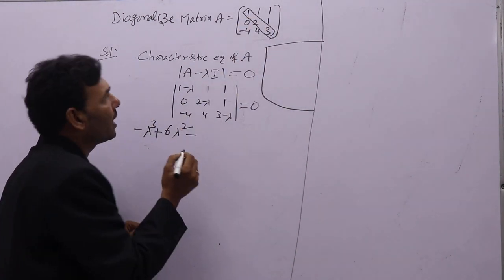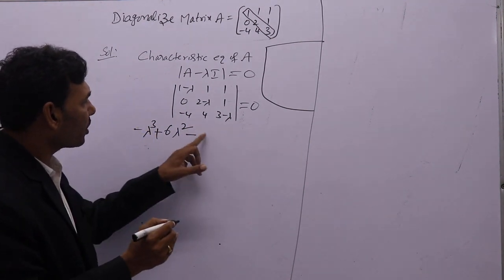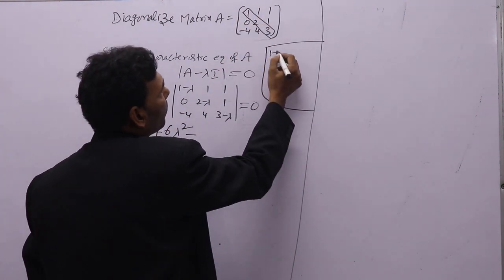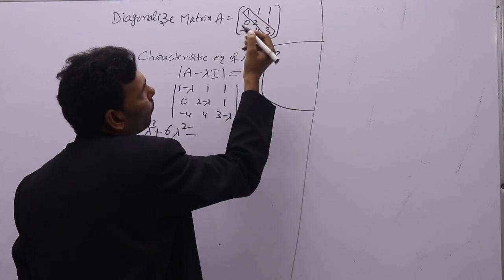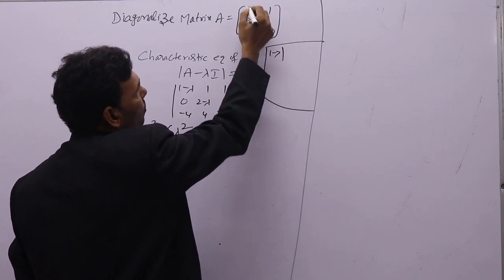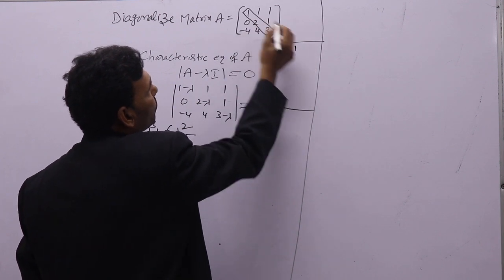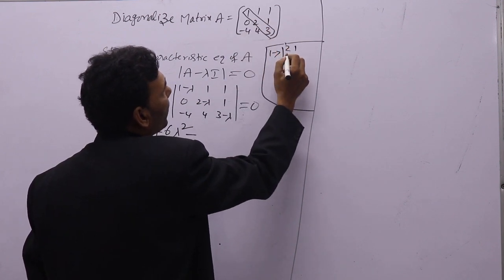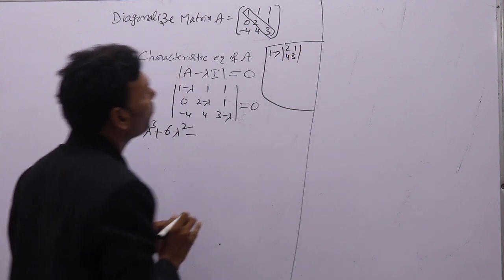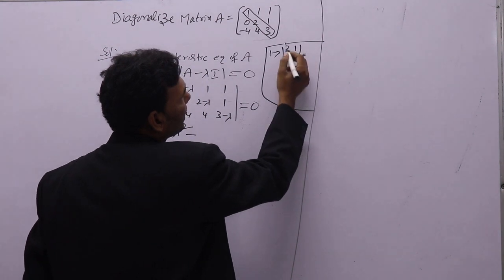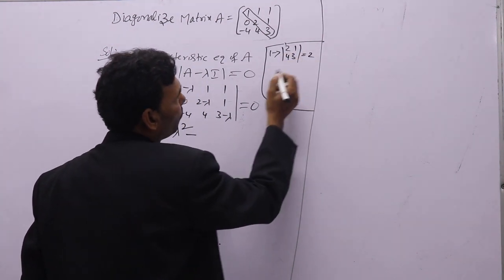That is the lambda coefficient. For the first cofactor, if you remove the first row and first column, you get 2, 1, 4, 3. 2 threes are 6, 6 minus 4 is 2.